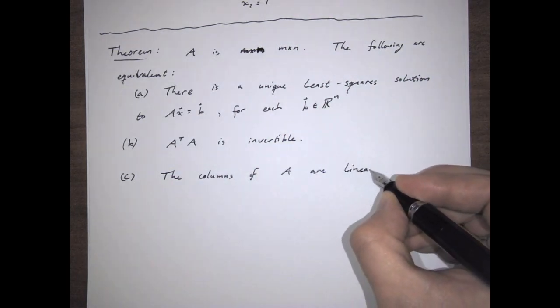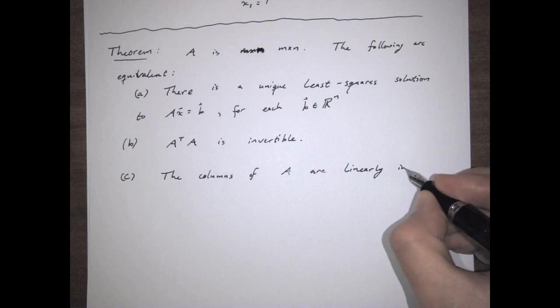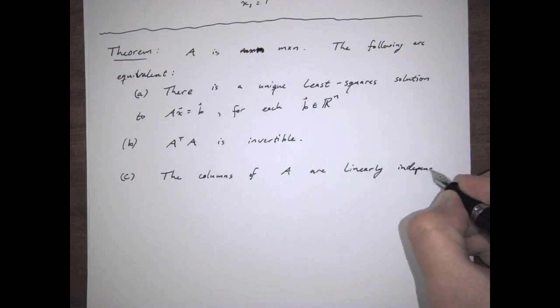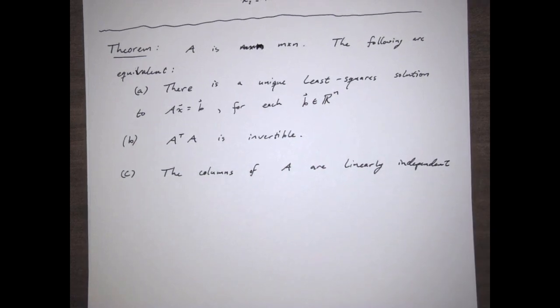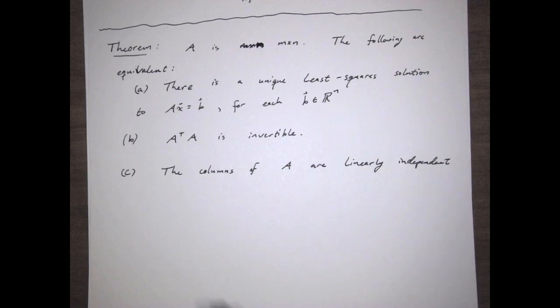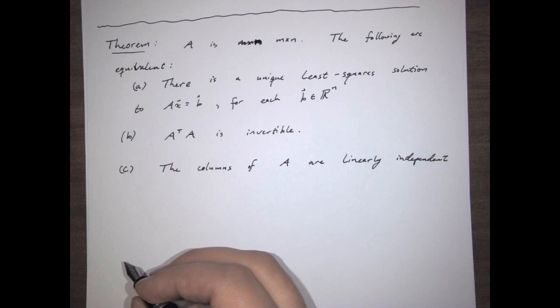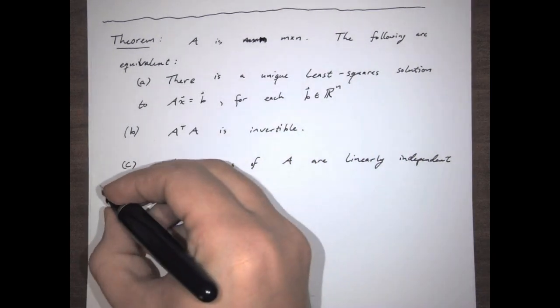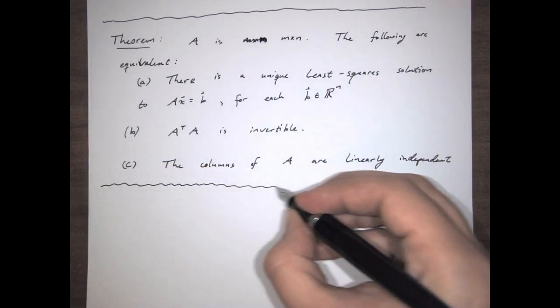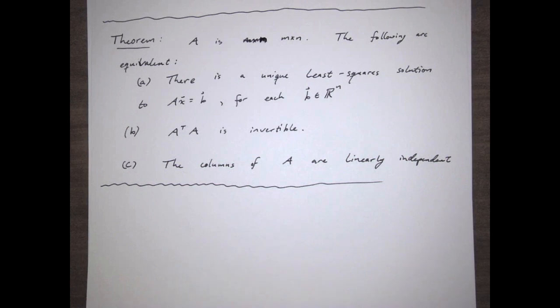Columns of A are linearly independent. And we saw that when we were discussing the QR factorization of a matrix, and that requires that the columns be linearly independent, meaning that the basis for the column space is actually the original columns.